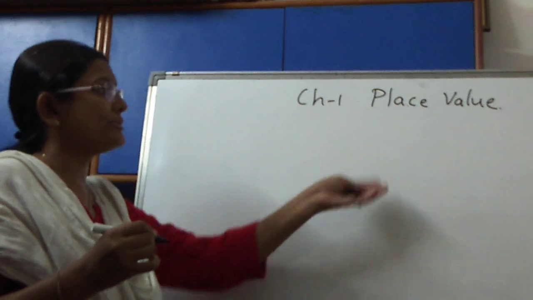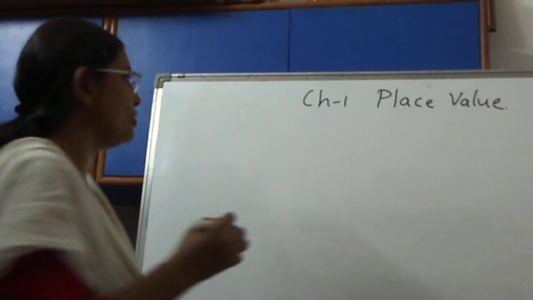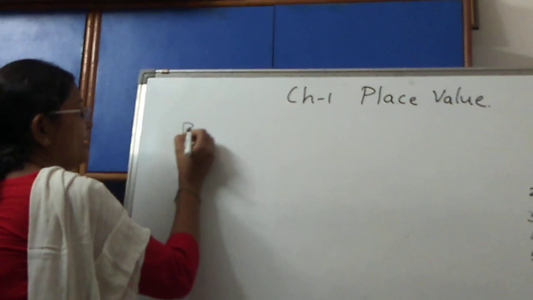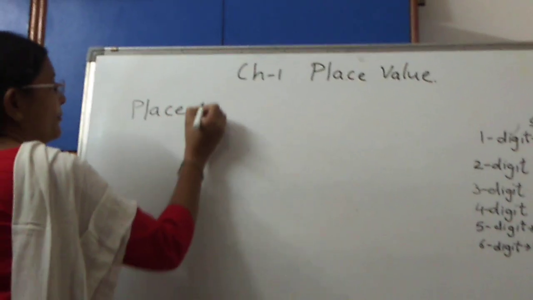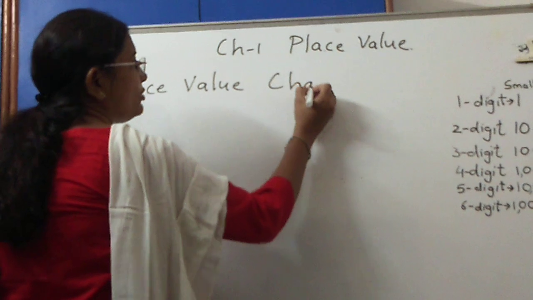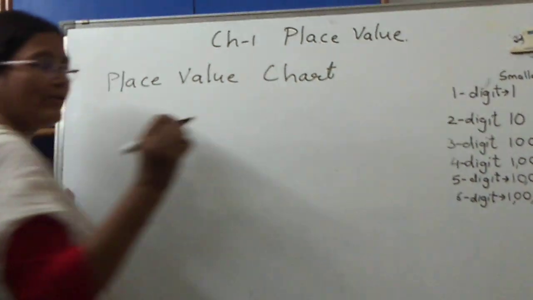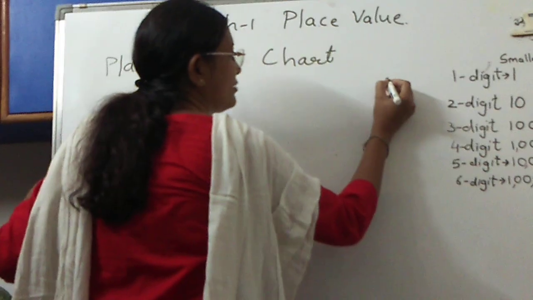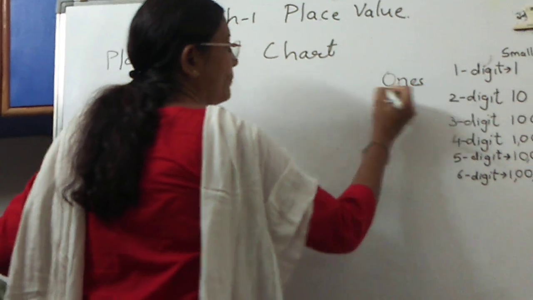Now before starting the other methods, I would like to explain the place value chart. You all know about the place value chart; you have studied it before. First it will come ones, right?